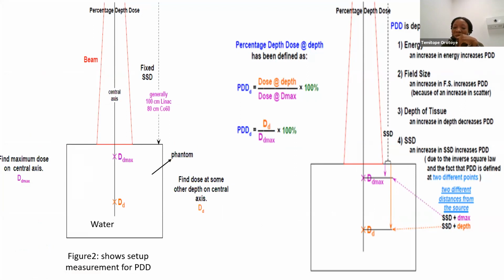And as the depth increases, the percentage depth dose decreases. Then when there is an increase in SSD, that is the source to surface distance, there is also a negligible increase in percentage depth dose. This is because of the inverse square law, which I'll be talking about shortly.